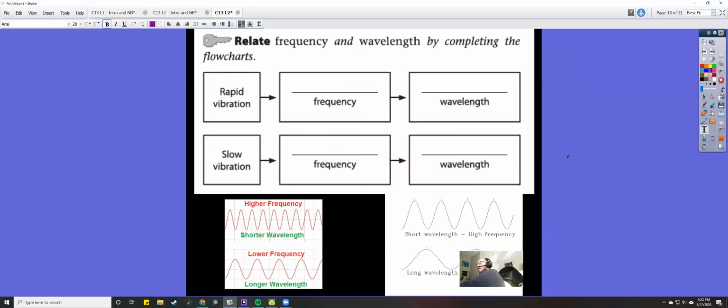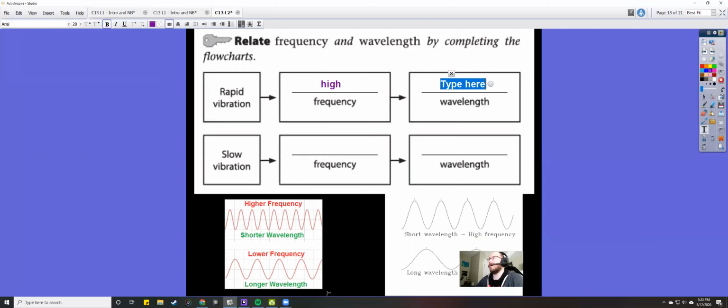And so again, to cap it off, if we have a rapid vibration, we're going to have a high frequency, right? So the faster that you bang a drum, the more vibrations there are going to be, which means the number of waves that you're going to see is more if you're looking at a sound wave, which means the faster that you hit the drum, the higher the frequency that drum beat is going to be.